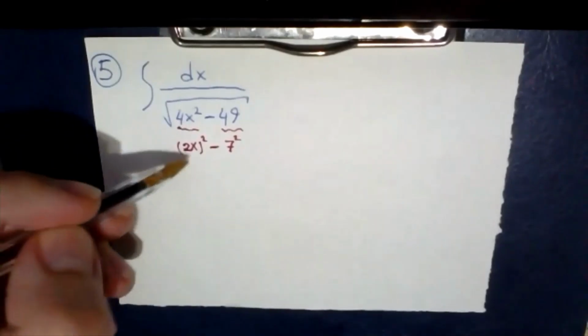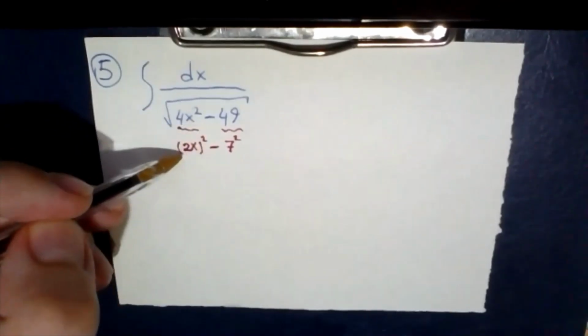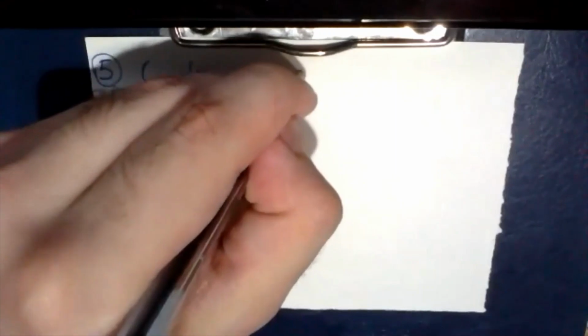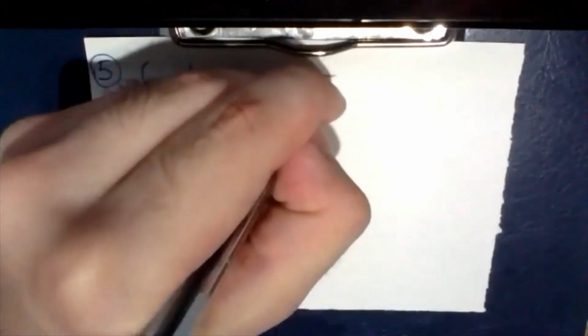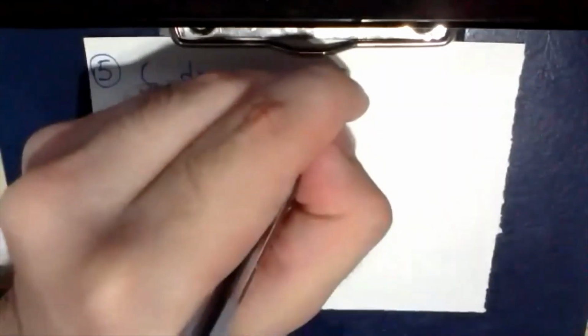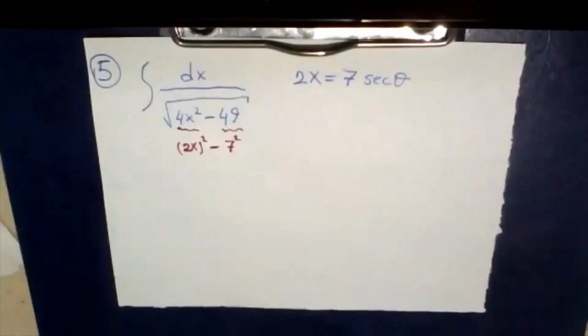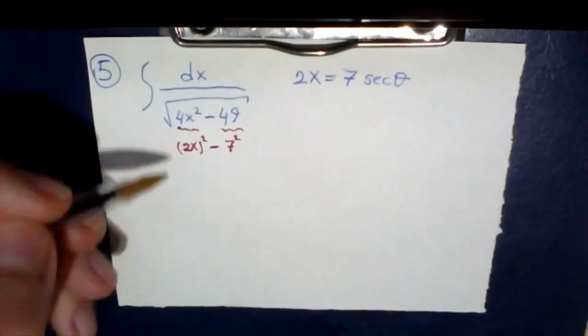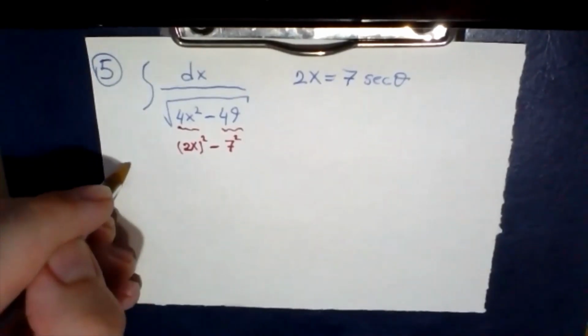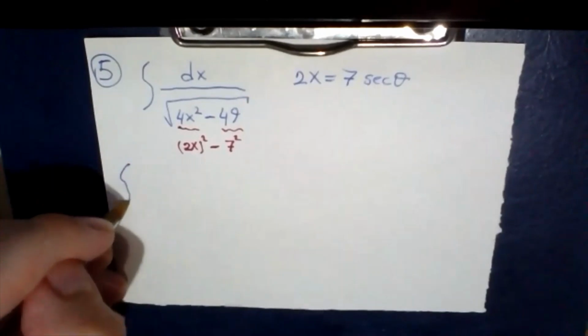What is the box? Whose square we are taking? 2x. So our substitution should be 2x is equal to 7 times secant theta. Then we should write everything in terms of theta.